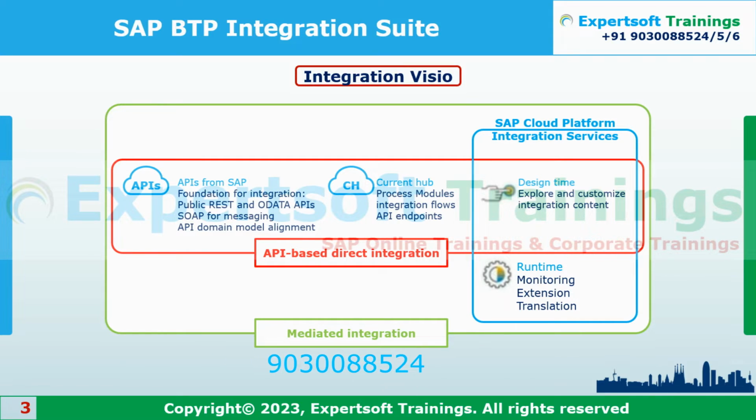Now, what is point-to-point integration? Can anyone explain? What do you understand by point-to-point integration? Anything off the top of your head. If you have multiple systems, you will have one-to-one integration with each system.